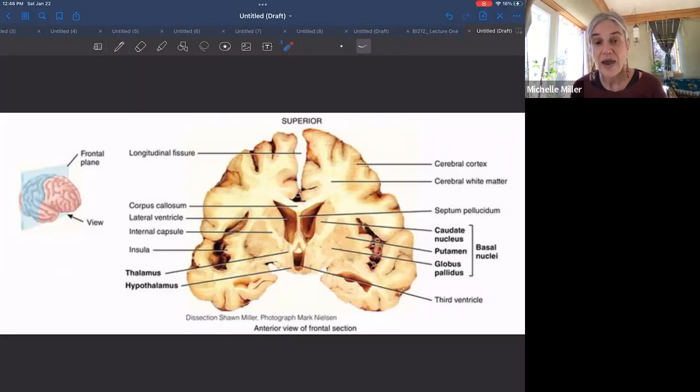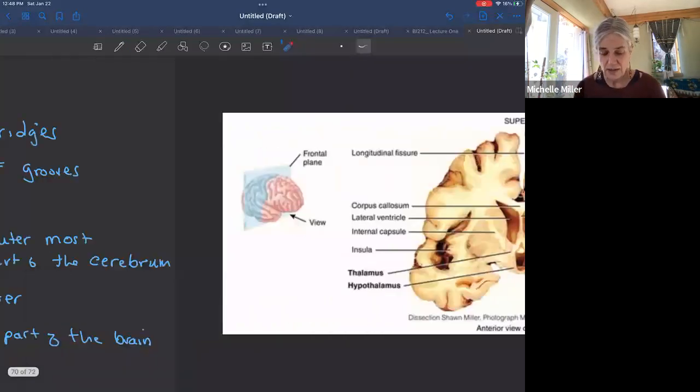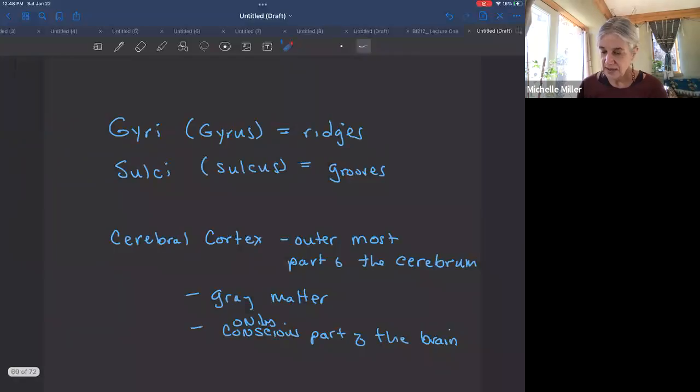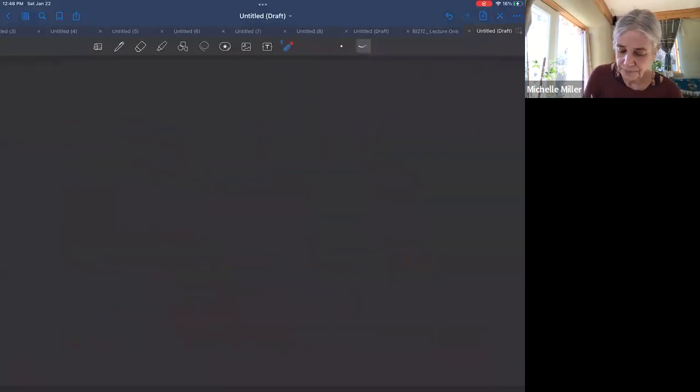That contains gray matter. When we look at the cerebral white matter, it is composed of myelinated axons. The myelinated axons in the central nervous system, the bundles of them, are called tracts. So we have the cerebral white matter.